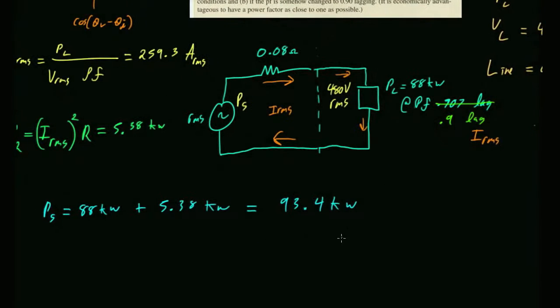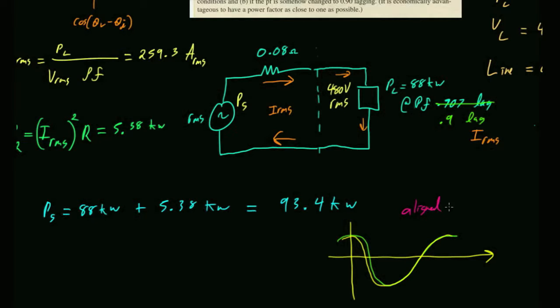So if current and voltage are aligned, and I were to draw current and voltage like this, what's the angle between them? 0. And the cosine of 0 is 1, and therefore the power factor is 1. So when they're aligned, your power factor is 1.